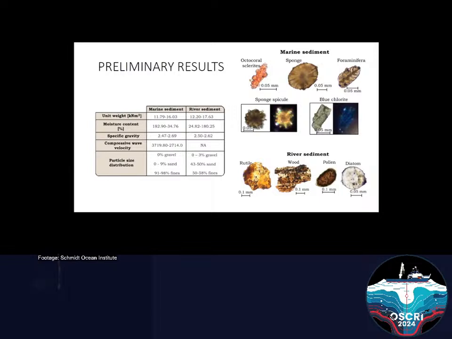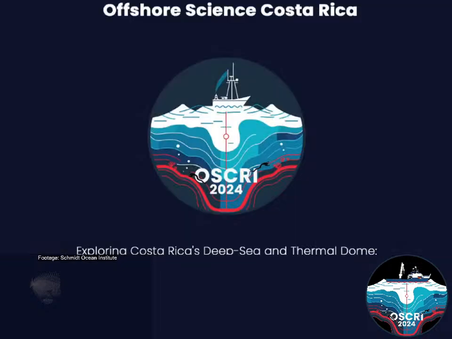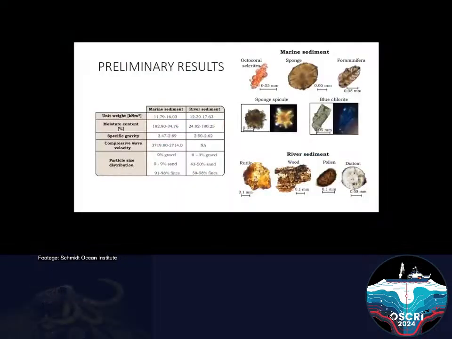Now let's discuss the results. The physical properties of the sediments are very similar in both types, except for granulometry in marine sediments due to reworking. We found significant concordances in the mineral content between both types of sediments, with some exceptions such as rutile and blue chlorite, which formed secondarily due to environmental conditions.